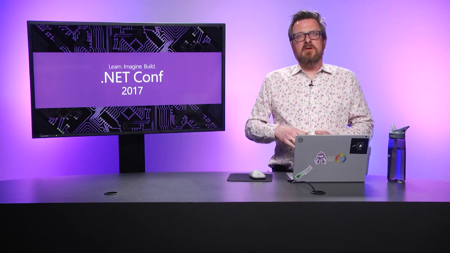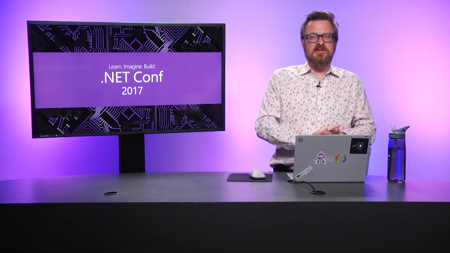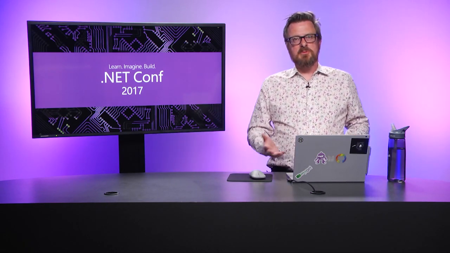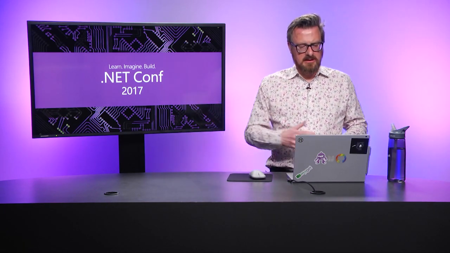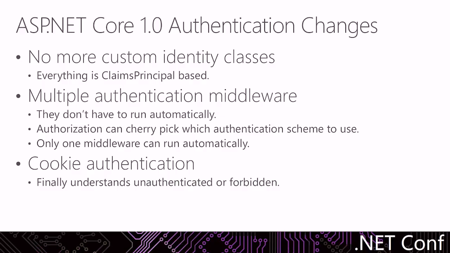When we switched from the .NET Framework to ASP.NET Core, we got rid of custom identity classes. Everything now is claims principal based, so claims principal and claims identity. We have multiple authentication middleware in ASP.NET Core 1, and you could choose to run ones automatically, or you could choose to run ones only when you decided to programmatically. So you could have two endpoints in your application, one of which would be protected by cookie authentication when you're logging in through a form, and another one that could be protected by bearer authentication if you were sending a JWT token.